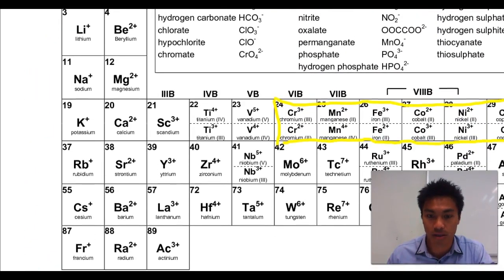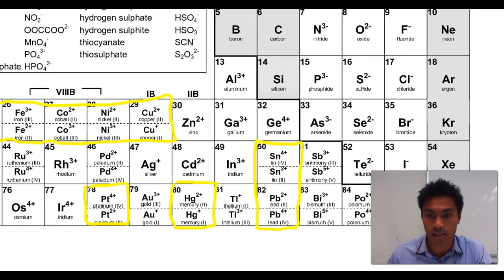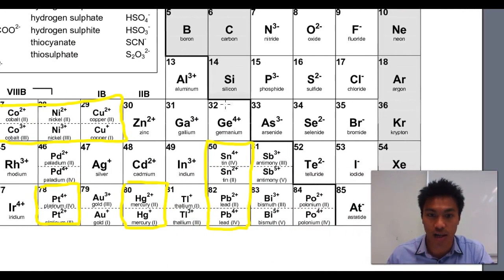Anything to the left of this staircase is going to be treated as metals. Everything to the right of the staircase is going to be treated as non-metals. Everything to the left will be cations, positive, and everything to the right will be anions, negative. Okay, let's go back to our problem.